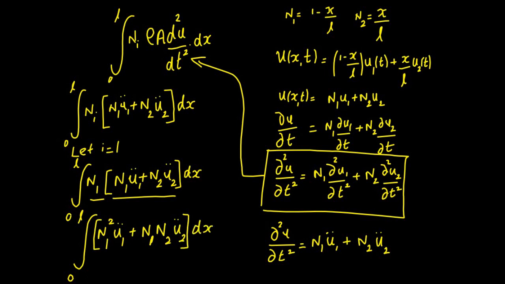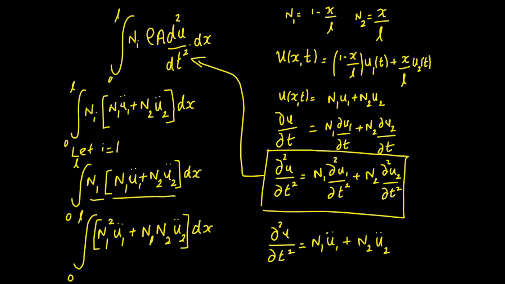That is right. So all I have to do is substitute the values of N1 and N2 here. N1 squared is demanded in the equation, and also N1 into N2 is demanded. So let me do that.